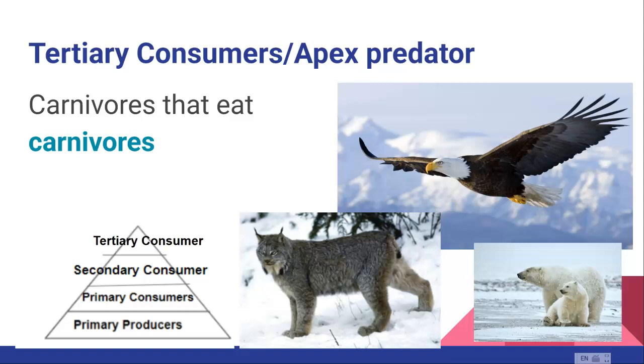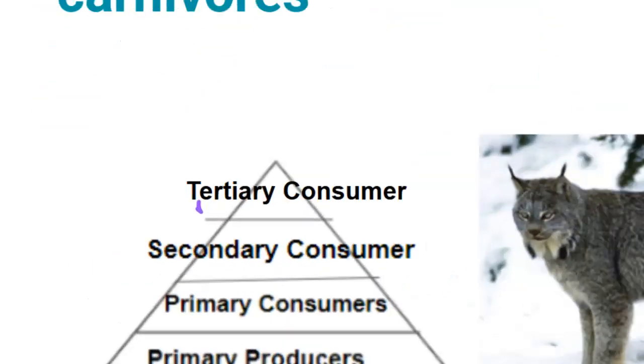Tertiary consumers, often apex predators. You can have higher up consumers beyond tertiary, but in general, we end up with just a few levels like this. If the organism is at the top of the energy pyramid, then we call it an apex predator, because the apex is right here, right?